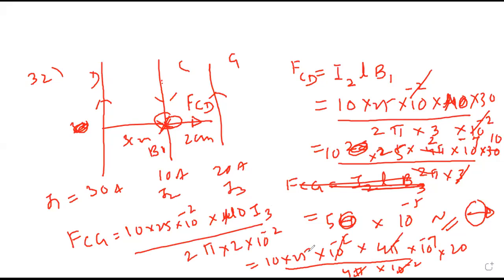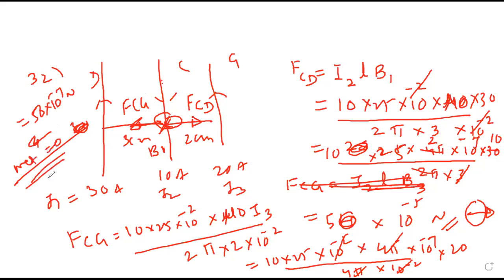So 25 into 20 is 500, which gives 50 into 10 raised to minus 7 Newton. But the direction will be this side. Force acting on C due to G, direction is left. So what will be the net force? 0. Both are equal and opposite. Net force 0. Answer is 0 net force.